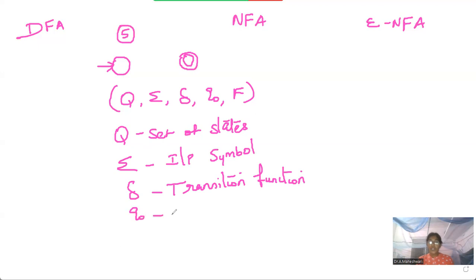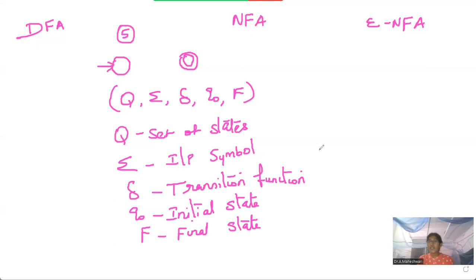This is the initial state. And this one is the final state. Okay, the transition function alone varies among the three automata.